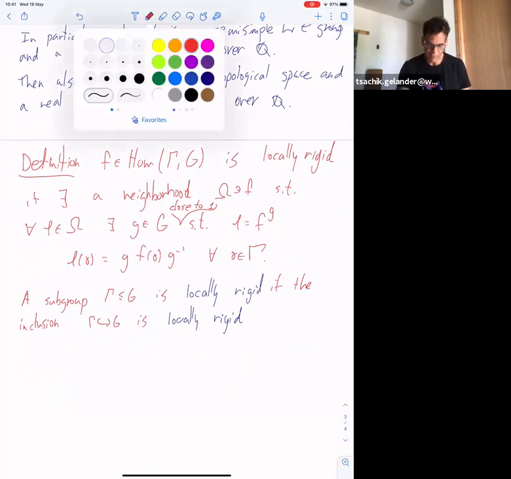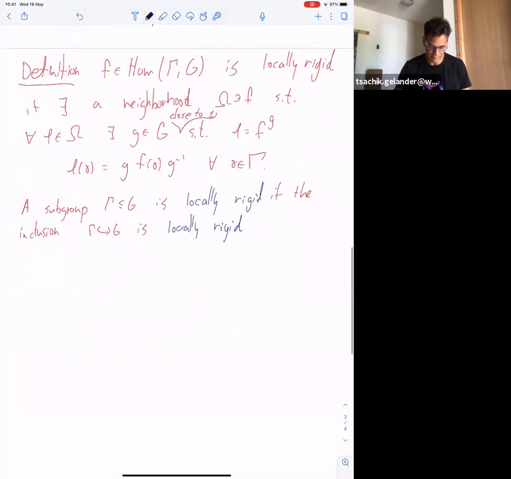Now the classical theorem about local rigidity. How should I state it?